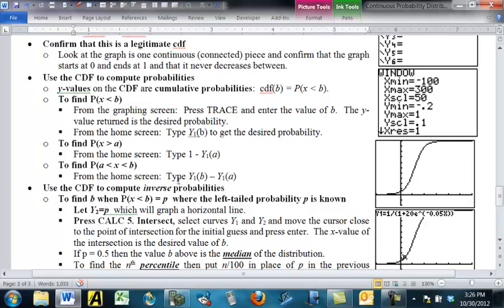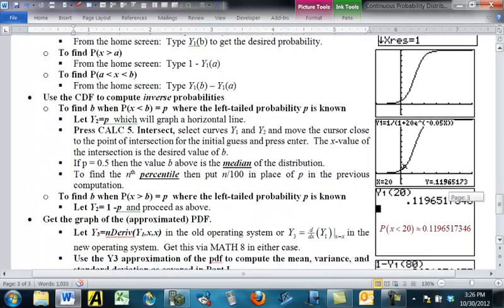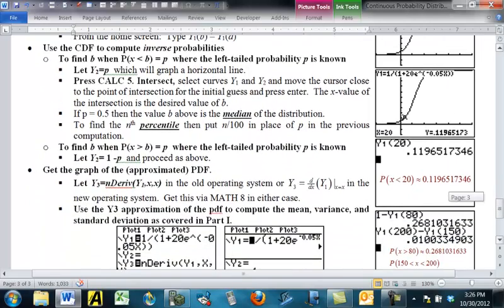On the PDF, there are areas between the graph and the x-axis. On the CDF, there are y values for cumulative probabilities. But one thing you can do on the CDF that you can't really do with the PDF directly is define inverse probabilities. This time we're solving for the x value that gives us the probability we want.